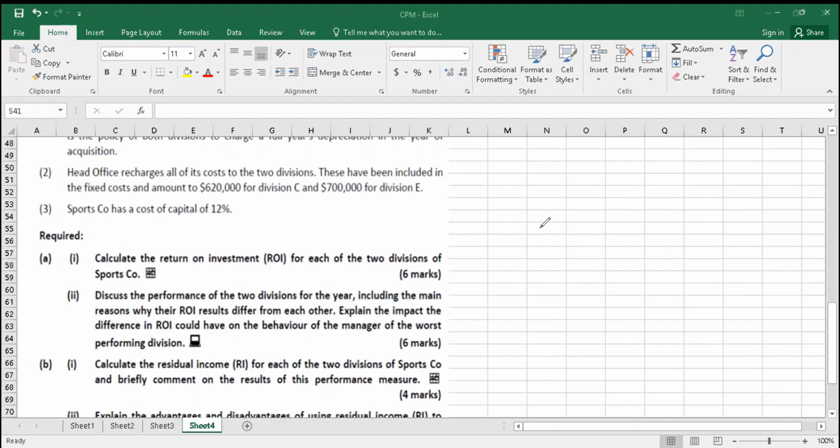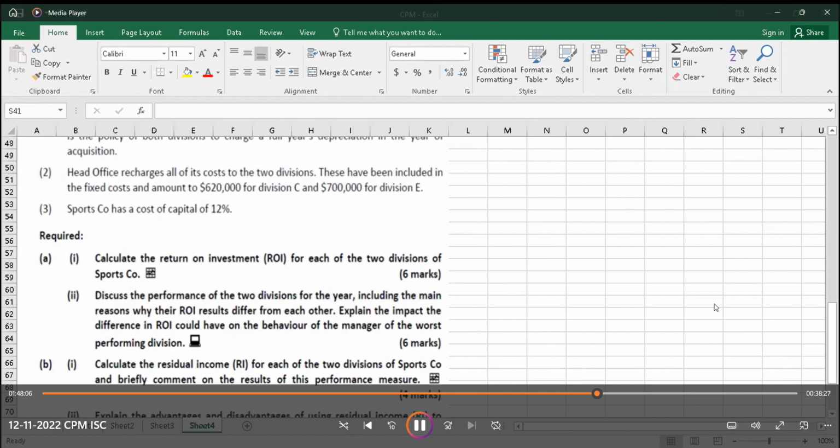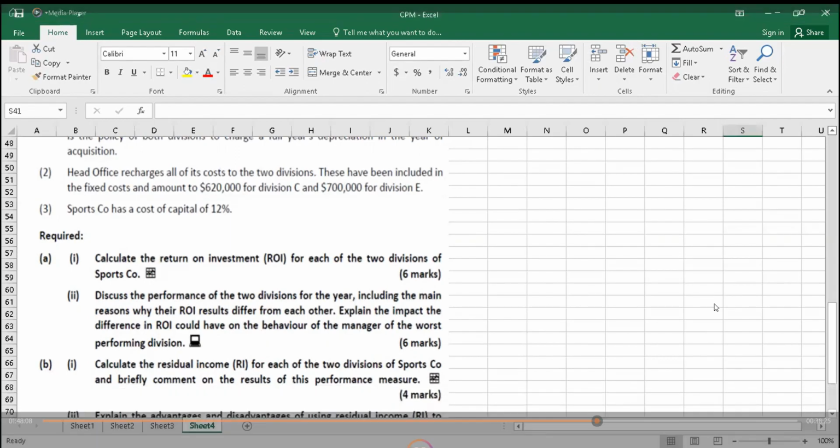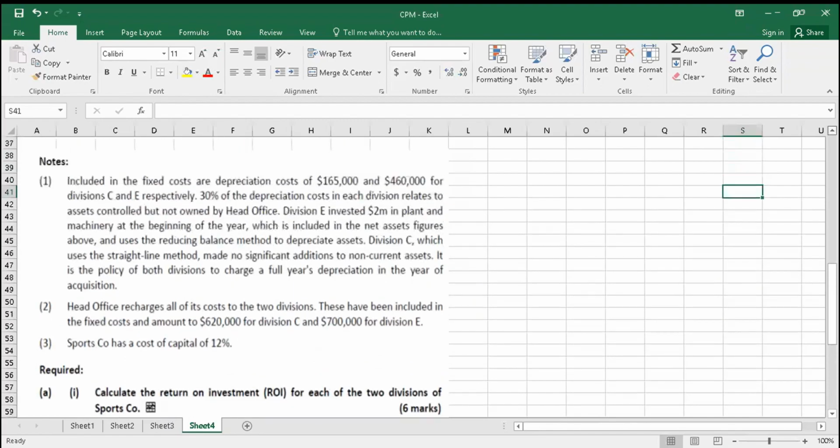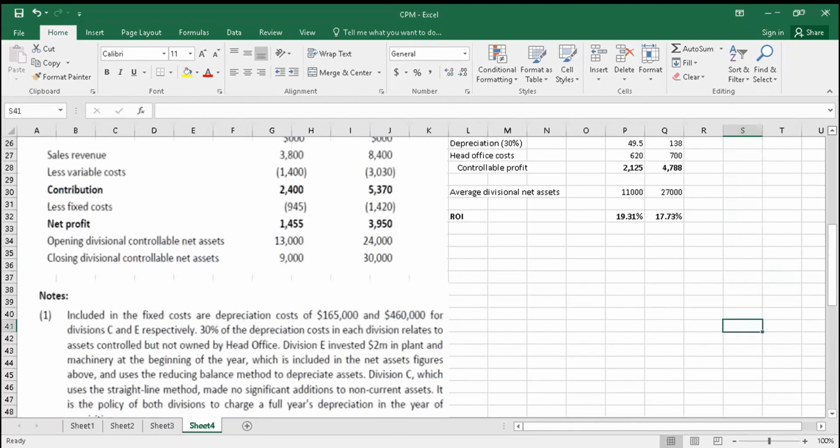Whatever is the investment, whatever is the activity, everything was converted into percentages. But the percentages calculated show the values as 19% for one division and 17% for another division. The question is, why is there a difference? That has to be answered.